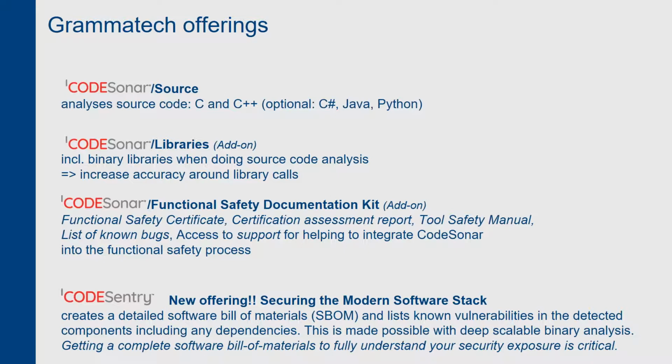And when you know which components are included in your binary, you will list all the known vulnerabilities in these components. And this is very useful when you use third-party, open source, and things that you don't have full control of in terms of the source code.